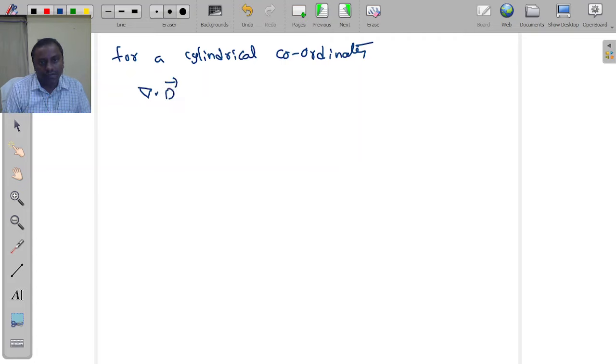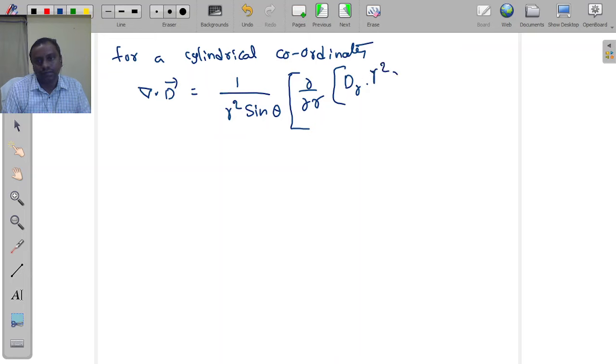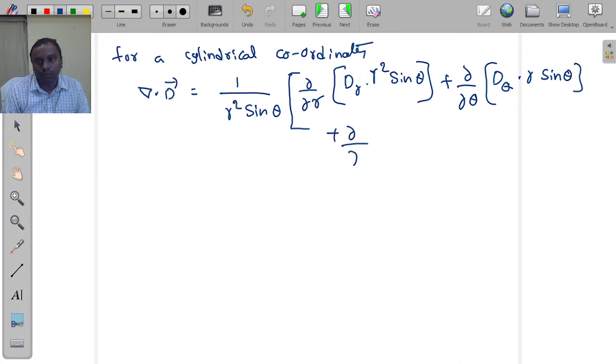del dot D we can write as 1 divided by r square sine theta of dou by dou r of D suffix r into r square sine theta, plus dou by dou theta of D suffix theta into r into sine theta, plus dou by dou phi of D suffix phi into r.